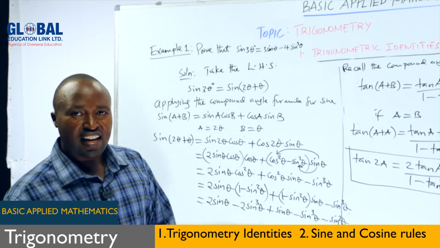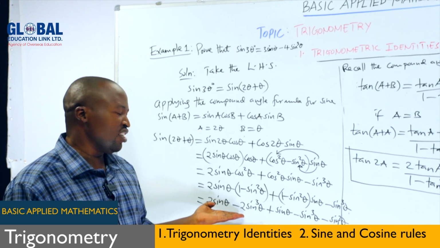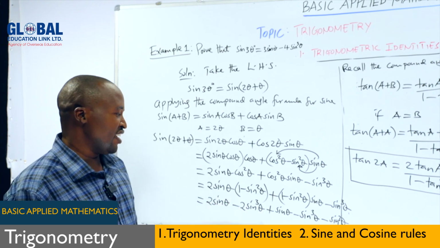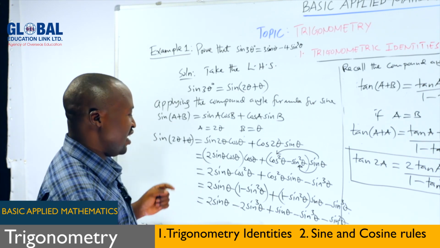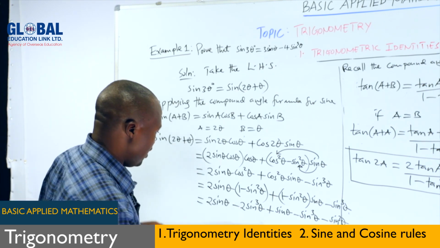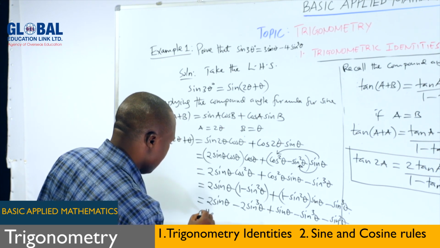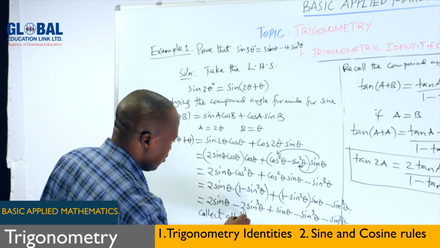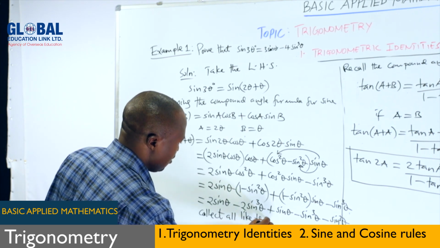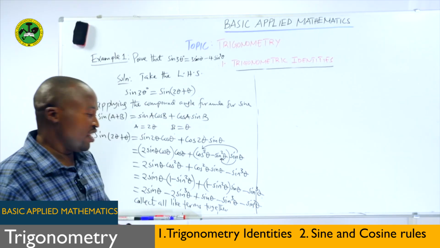Now, if you look carefully, we can collect all like terms, all related terms. So here we say collect all like terms together. Now, what are the like terms here?